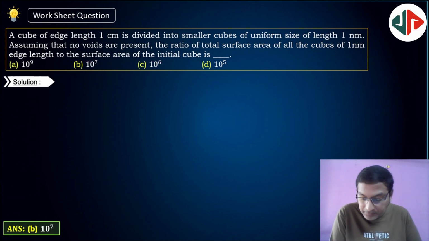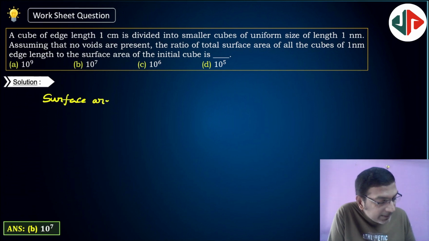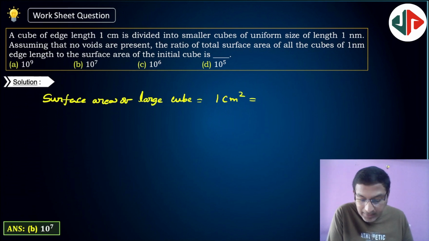So here, first surface area of large cube, initial cube, large cube equal to here 1 centimeter square, or we can convert it into nanometers, 10 power 7 square nanometer square.